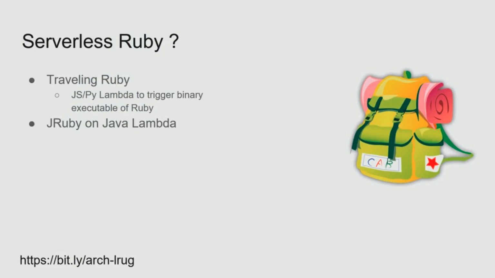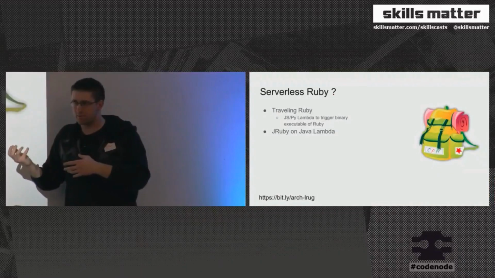For example, there's a Ruby 2.2.2 binary called Traveling Ruby, which is a binary executable of this Ruby 2.2.2. So what you can do is take this Ruby binary, place some gem files in it, some dependencies, wrap it in a zip file, and upload it to, let's say, JavaScript Lambda, and just tell the JavaScript code to execute this binary. So it's like JavaScript executing Ruby.